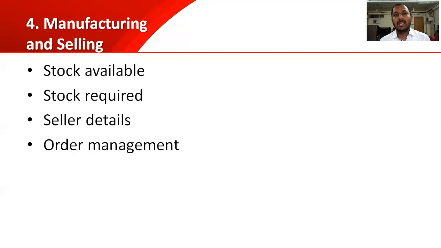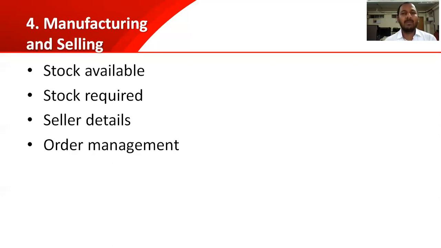Seller details is again an important part. There may be different sellers available with that particular industry. That selling department, all the departments need this seller details, because if we want to sell something, everything must be maintained properly. Coming to the last point of manufacturing and selling industries, order management. If we want to manage different orders, now you consider Amazon only.